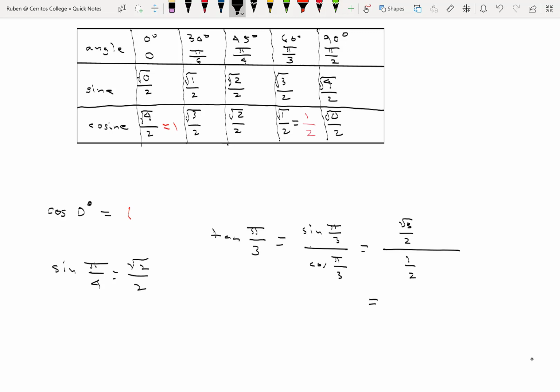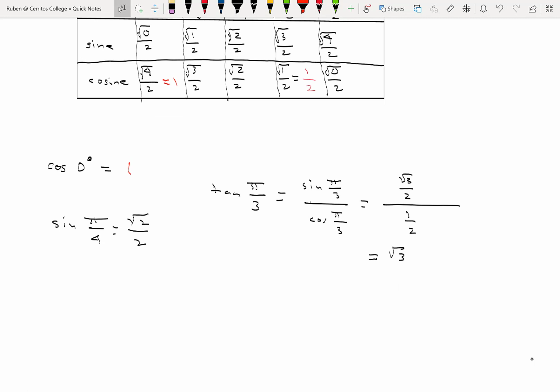If you invert and multiply, the 2's cancel. You get radical 3. This is the power of this chart, that we can access a whole lot of information just by looking at 10 items on the chart. We can get 60 things.